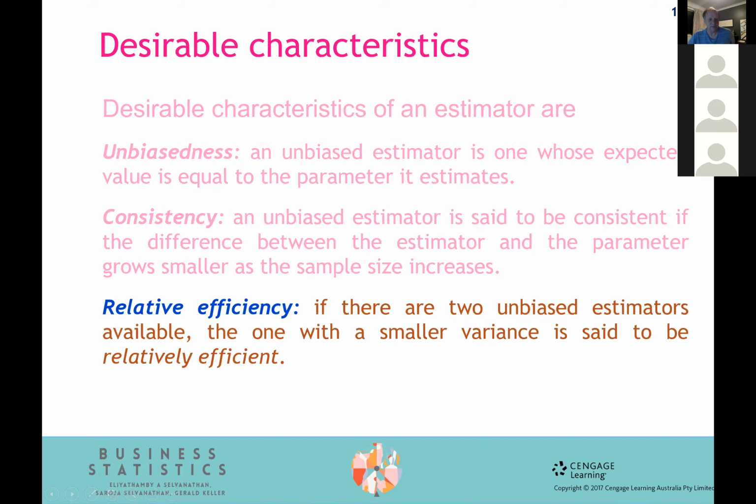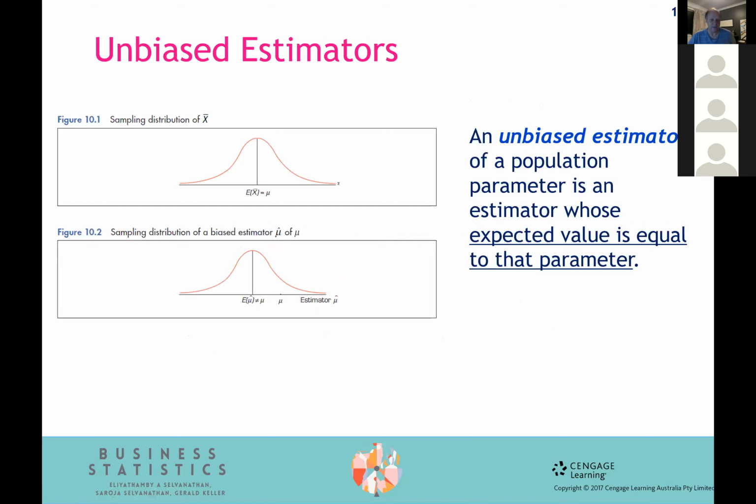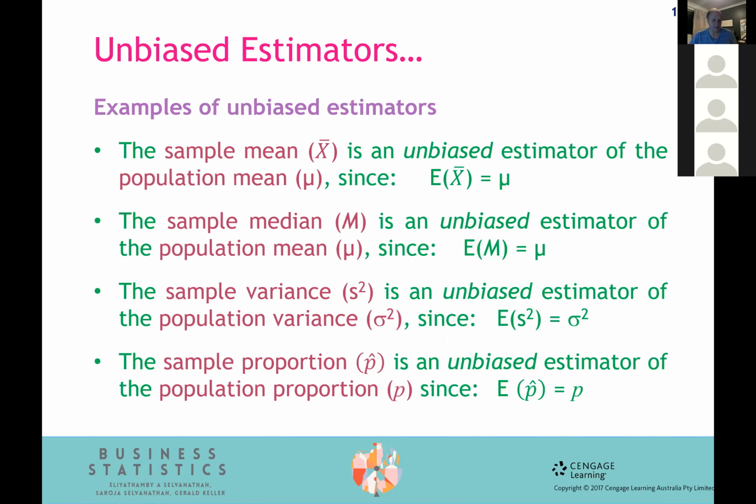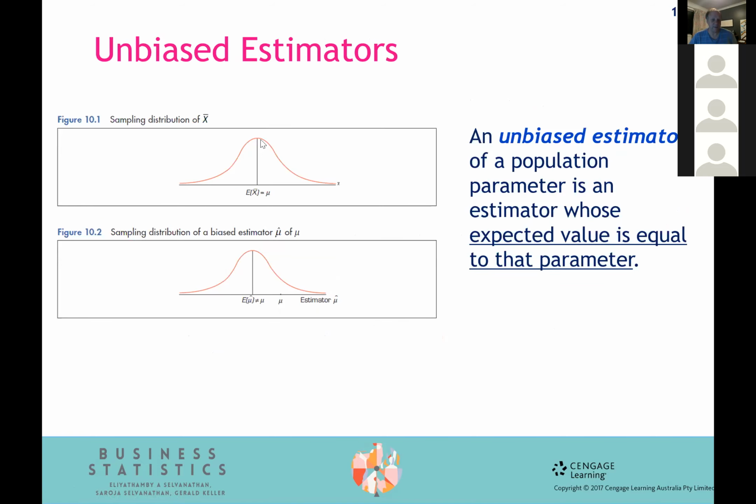So just a quick note on an unbiased estimator. If this is the sampling distribution of all the estimations that I can have, I want its mean to be the same as that of the population. If it were biased, the population mean would be there, but that of the samples would not be.